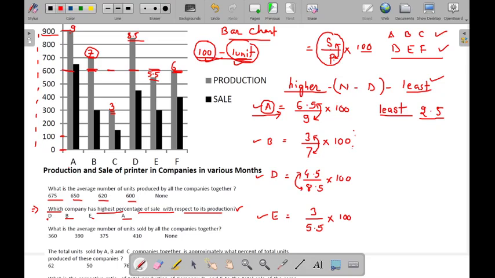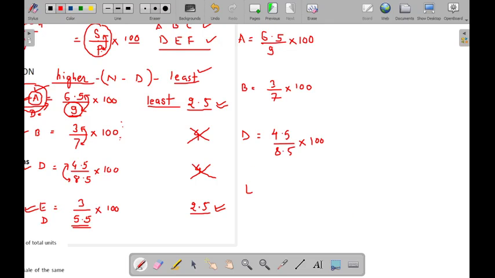In company B, the difference is 4, the difference between 3 and 7. For D, the difference is again 4. E is 3 upon 5.5 into 100.